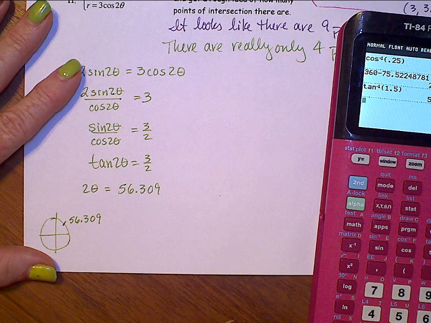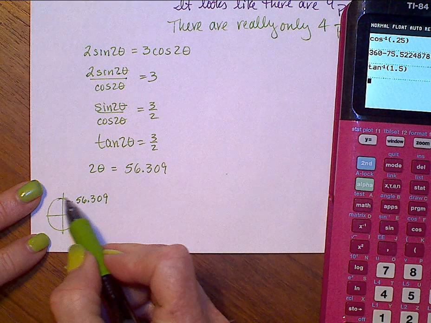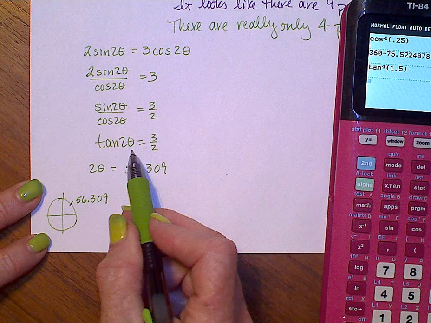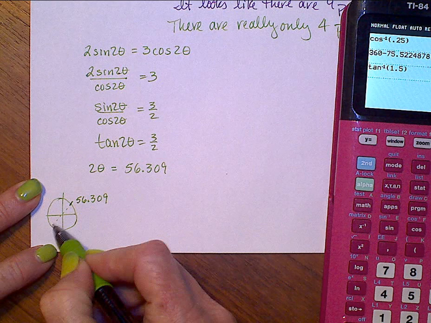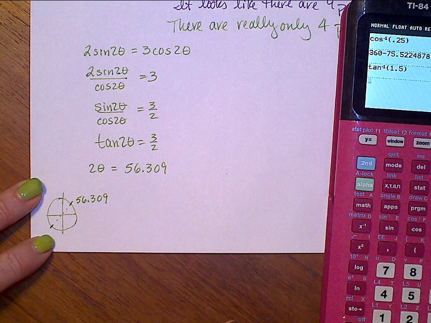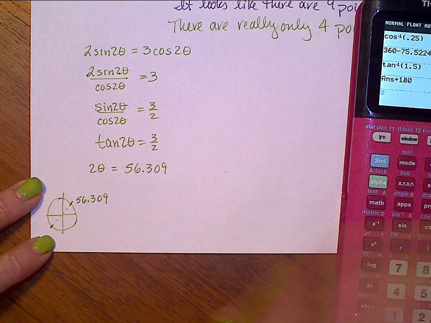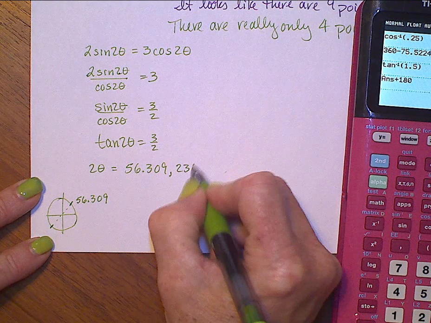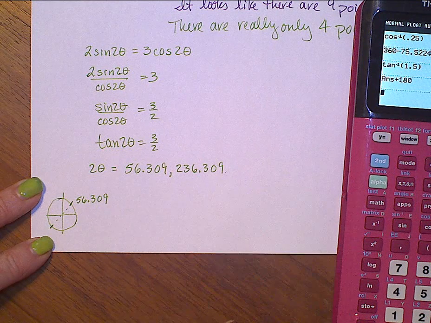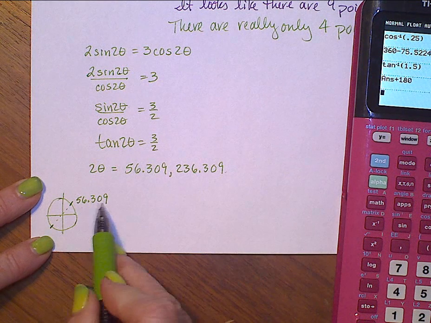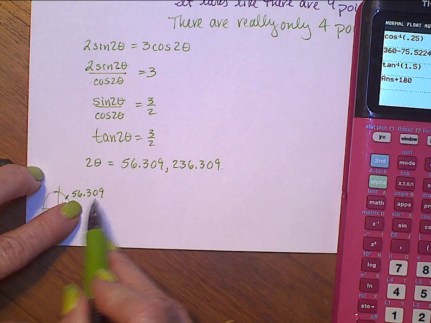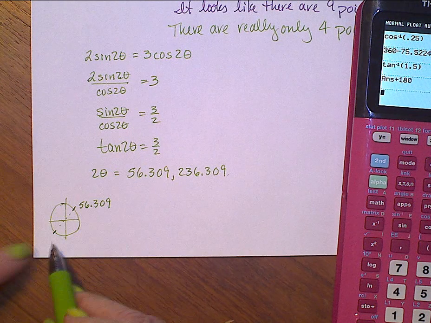Okay. Also, where else is tangent going to be equal to 1.5? It's going to be straight across the circle from there. So that's adding 180. So 236.309. And then this one again, plus 360. But that's just 180 from here.